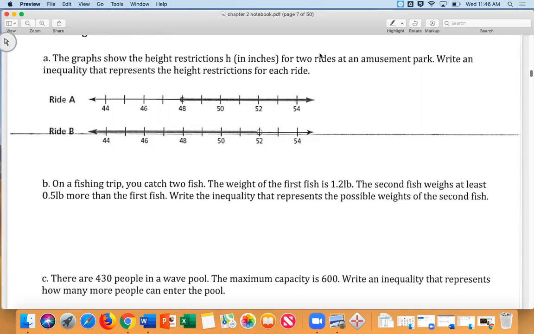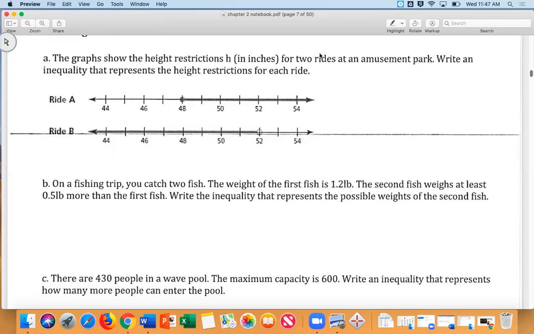So, this is what they use. They use that stick, and that stick's your benchmark. And what they say is, hey, let's say it's 52 inches to ride Steel Force. They have that stick set at 52 inches, and as long as your head hits it, you're good to go, because that means you're 52 inches or taller. Okay? So up here we have two rides.